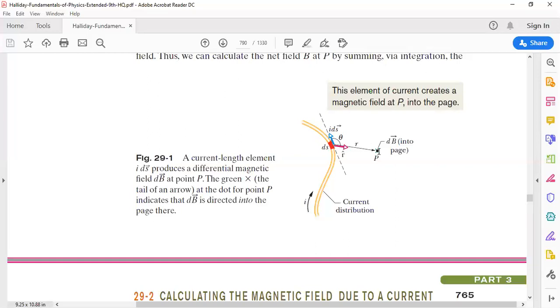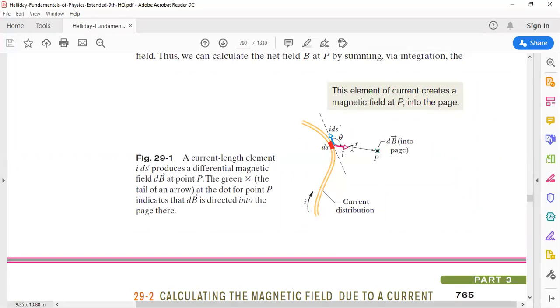So here you will have to find the magnetic field at some point, as an example, given at point P. First of all, what matters for the calculation is the distance between some point on the wire, taken as a red point, and the point P where you want to find the magnetic field.